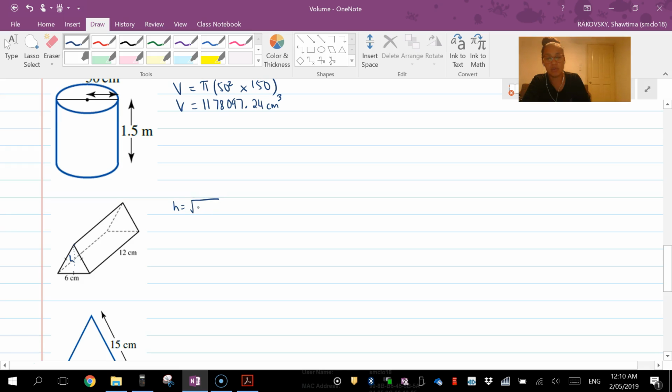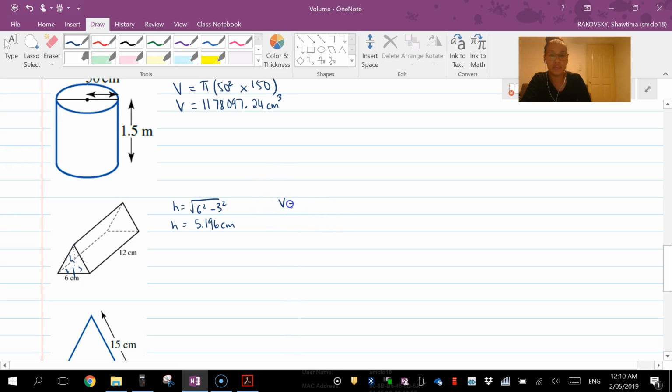Height equals the square root of 6 squared minus 3 squared. The reason it's 3 is because it's half of this, so it's 3 and 3. And H equals 5.196 centimeters.